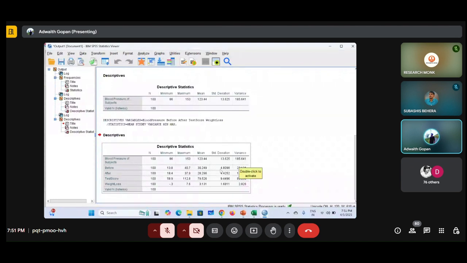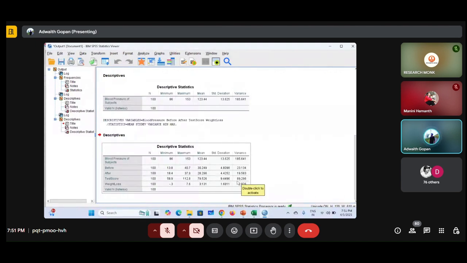If you look at any other variables in this data, is there any other variable that has over dispersion? Can you tell me? There is one more variable that has over dispersion. Can someone please unmute and tell me? Test score? Yeah, the variable test score also has over dispersion, where the mean is 79 and the variance is 89.